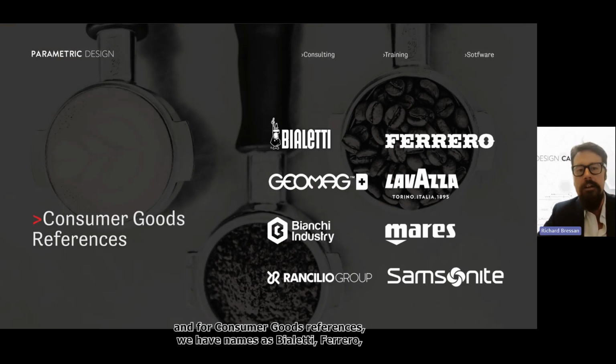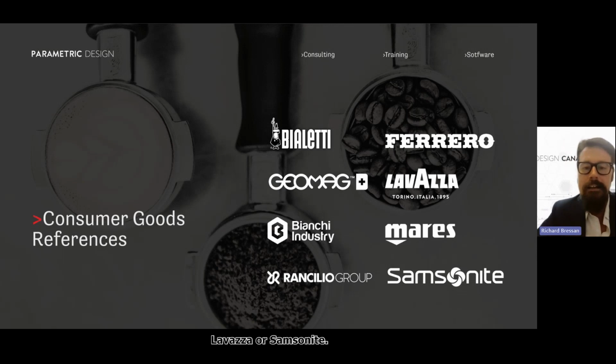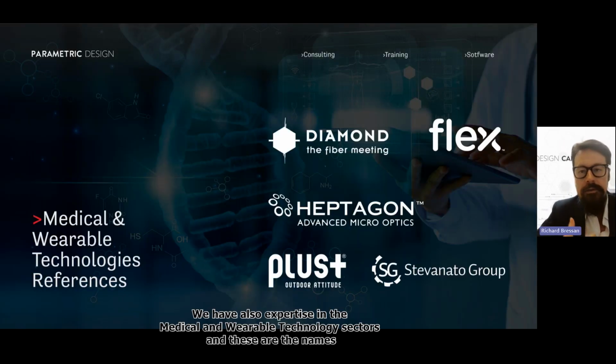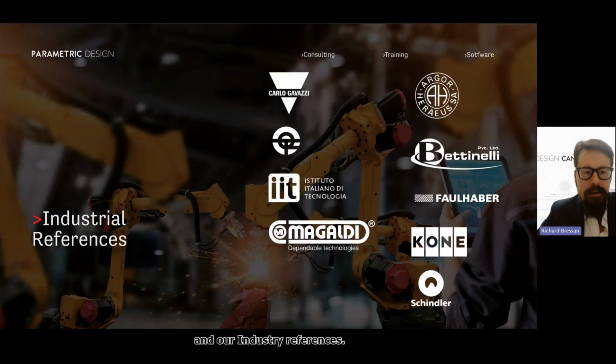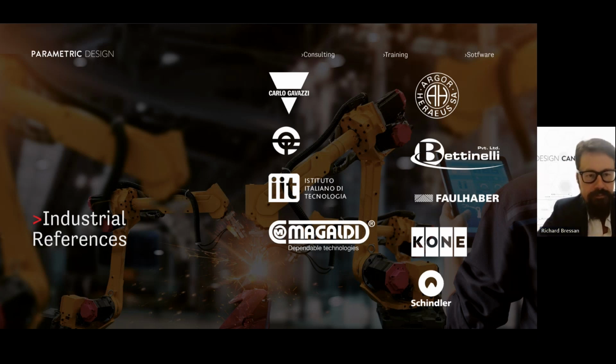And for consumer goods references, we have names like Bialetti, Ferrero, Lavazza, Samsonite. We have also expertise in the medical and wearable technology sectors, and these are the names we are working in. And among our industrial references, you can recognize for sure Schindler, the elevator maker company, and so on.